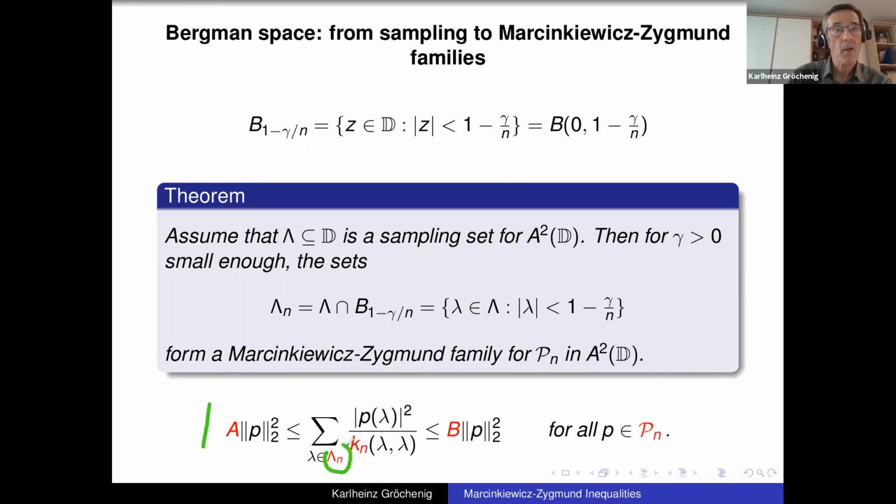The lambda n's of the Marcinkiewicz-Zygmund family are obtained by, say, taking a finite subset of the original sampling set. You use the intrinsic reproducing kernel. This is true for polynomials of degree n, and the constants are independent of the degree. So this gives you a way to move from sampling sets to Marcinkiewicz-Zygmund families.